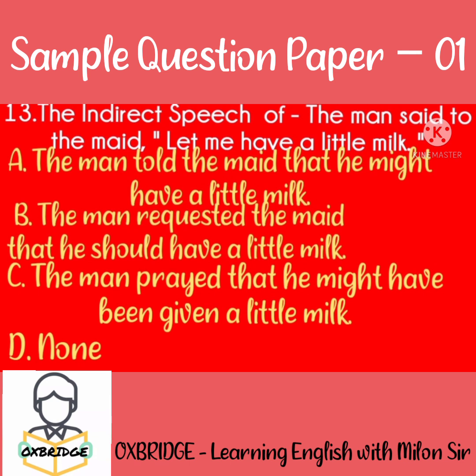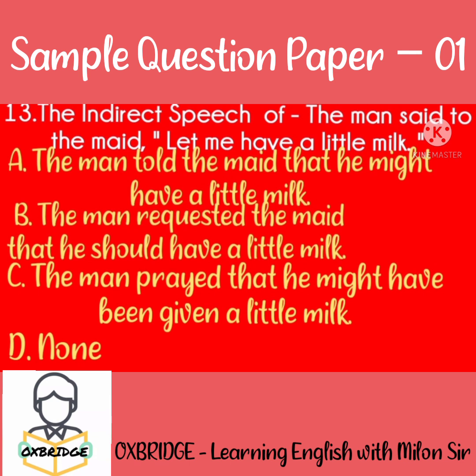So which option is correct? We must have a concrete idea about direct and indirect speech. Here the direct speech begins with "let me have a little milk." It must be connected with that. And we know that after that we have to use the subjective form, then might, then the verb form.